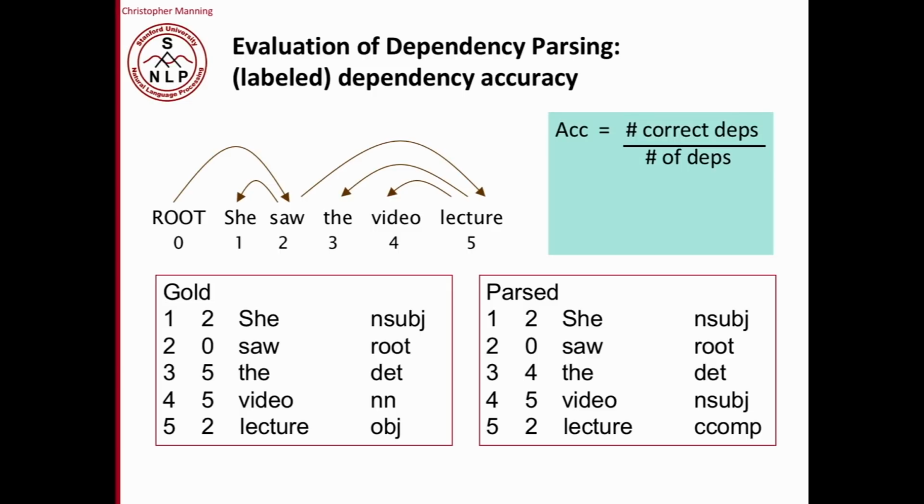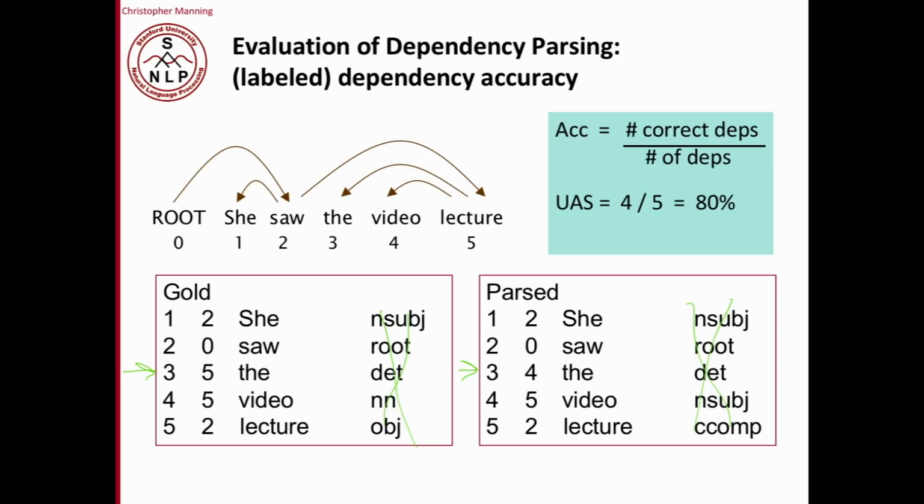And there are two ways we can do that. We can either, as we're going to do, ignore the labels, and that's then referred to as the unlabeled attachment score. So here in my example, my dependency parser got most of the arcs right, but it got this one wrong.